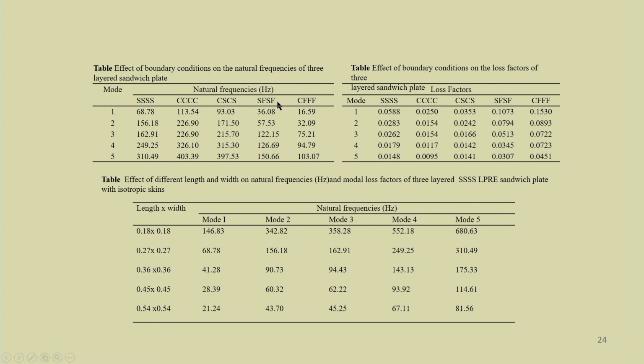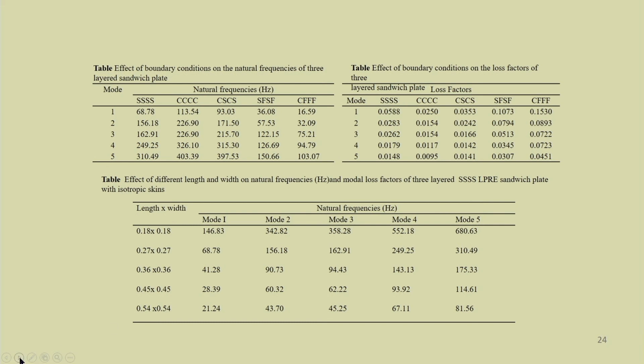So, SF is one side simply supported and the other side free. Then CF is a cantilever type: one side clamped and the other 3 sides free. This way one can study the effect on natural frequency for different boundary conditions.